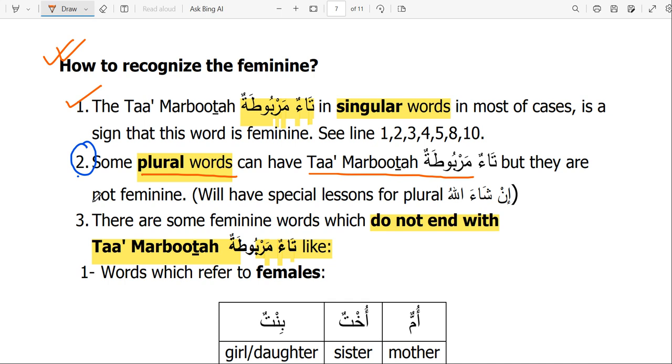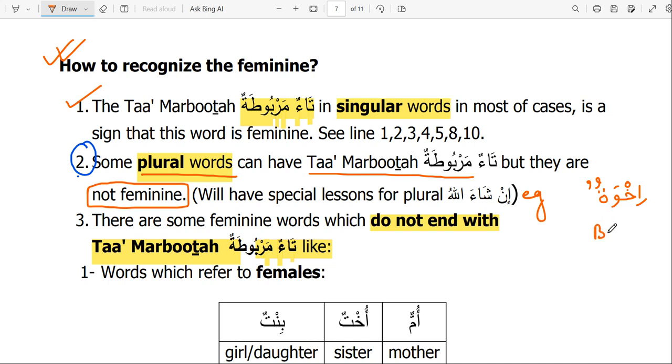Here they have not given any example, but I would like to give you an example of a word which has a ta marbuta and is plural and is not feminine. For example, ikhwatun. It has a ta marbuta at the end, and this means brothers.